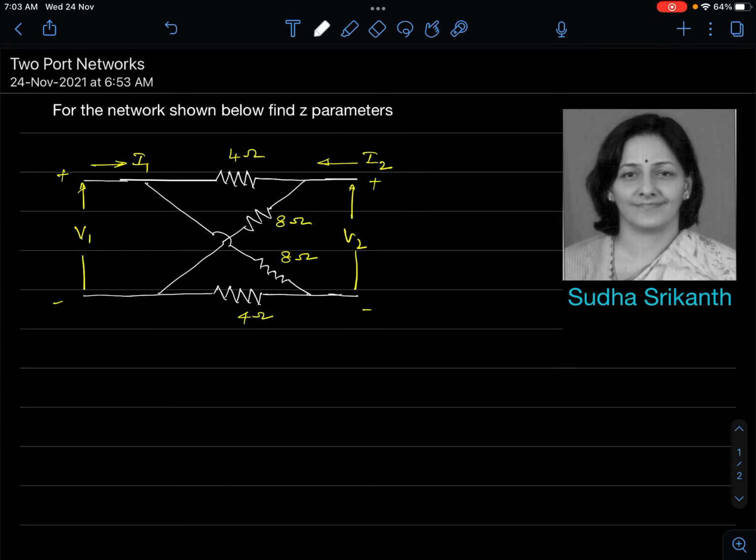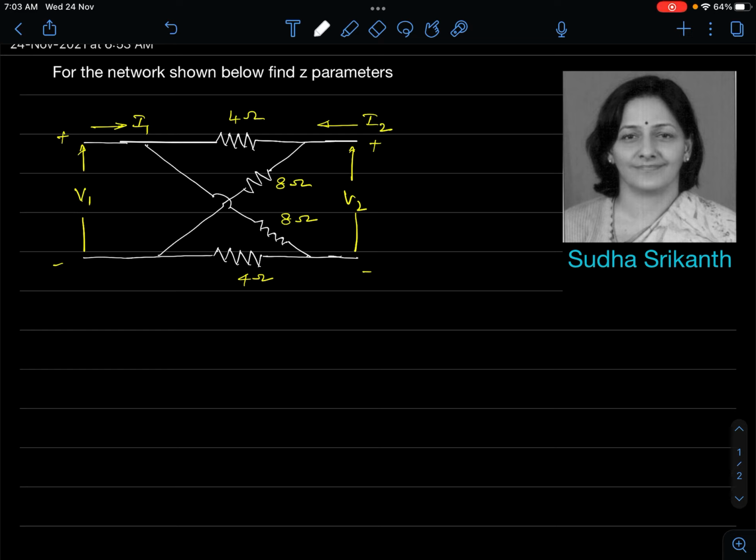What are we supposed to find? We're supposed to find the open circuit impedance parameters. In order to determine the impedance parameters, you need to open circuit the ports. What exactly do we mean by that? Let us try to write the impedance parameters here.